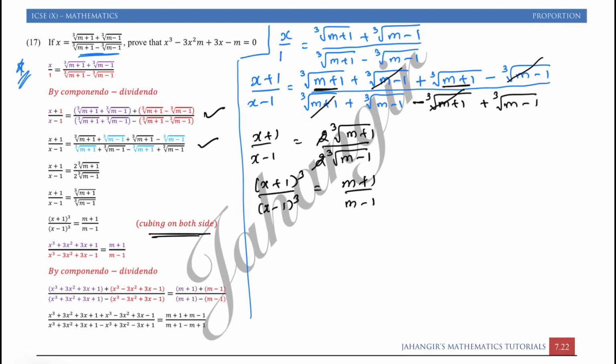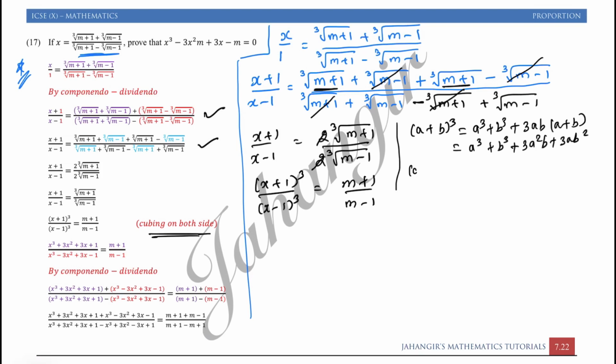Now for cube identity, just refer to the formula sheet. In that we have all identities. For your information, I will write a plus b whole cube is a cube plus b cube plus 3ab into a plus b. So solving this bracket, you will get a cube plus b cube plus 3a square b plus 3ab square.